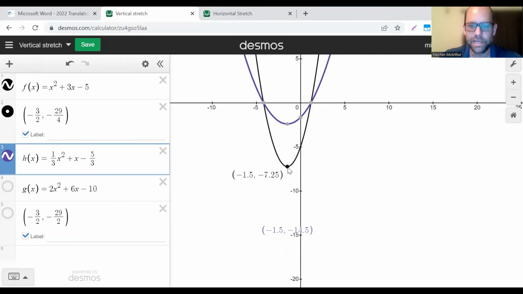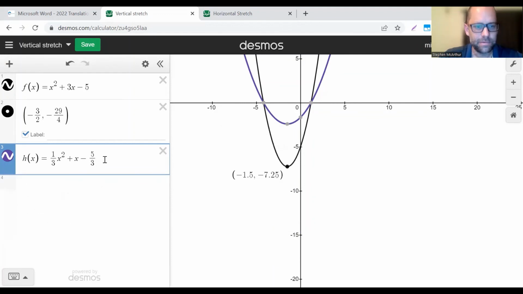We chop that into 3 equal bits. We're going to end up with not quite 2.5, a little bit less than that. So that's 1/3 of the distance it used to be, and that was the impact. Let's get rid of these. That was the impact of multiplying by 1/3, and that is how to vertically stretch your function.